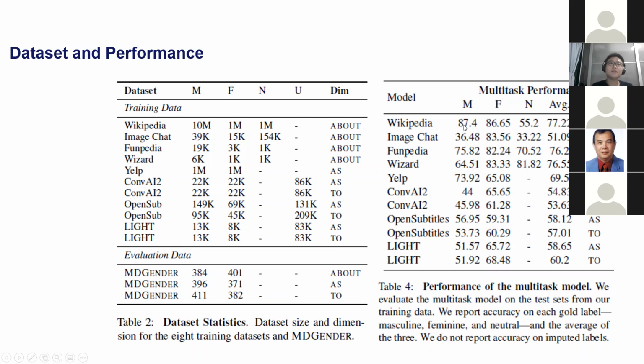It can tell correctly that something is a man 87% of the time. So this is performing quite well, and for the rest, if you look at the average, it's performing better than random performance. So this is okay, I guess.